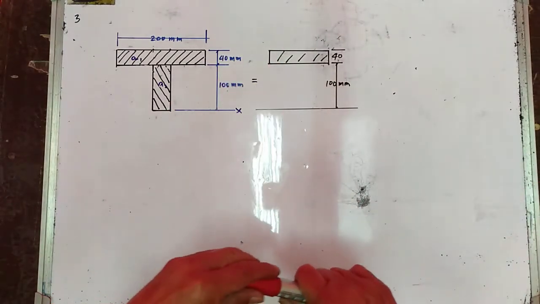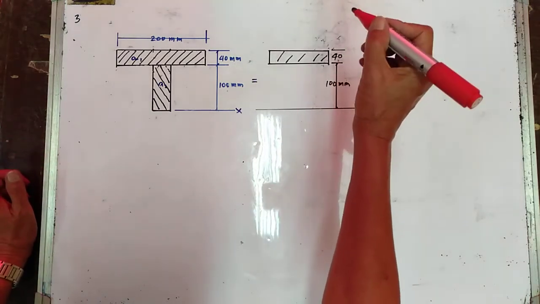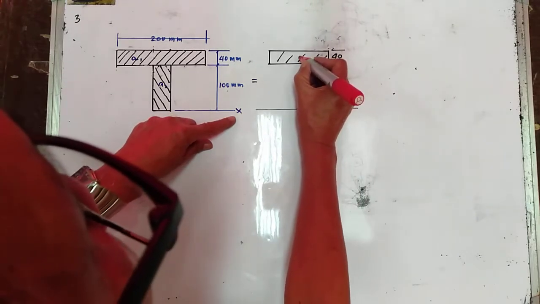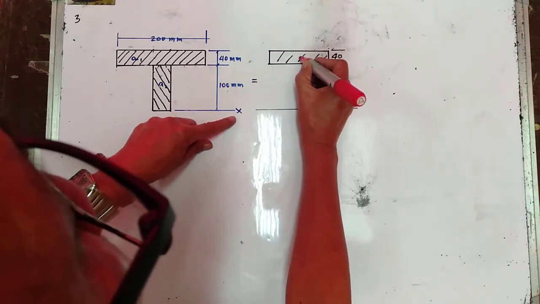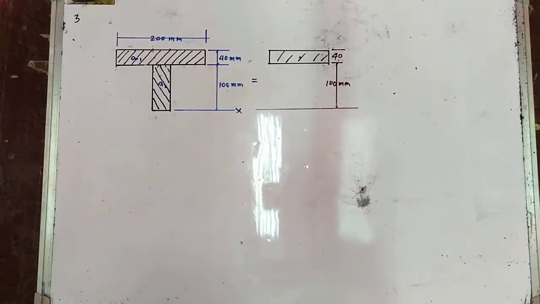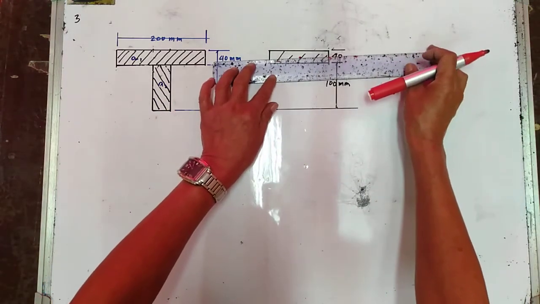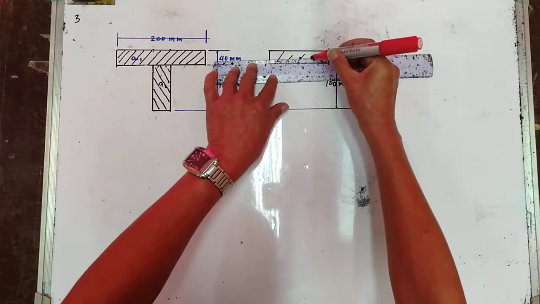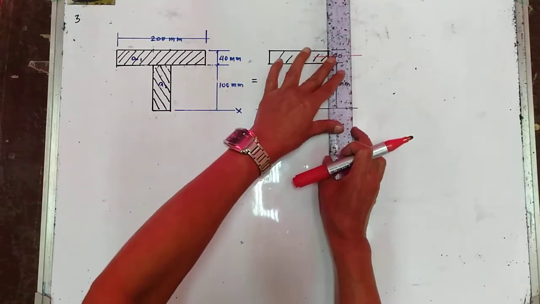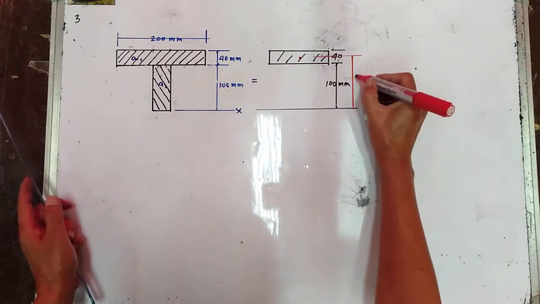Since we are required to determine the centroid with respect to the x-axis, this is now the centroid of the first area, such that 1/2 of its height is 20 millimeter. And this is therefore your y1.